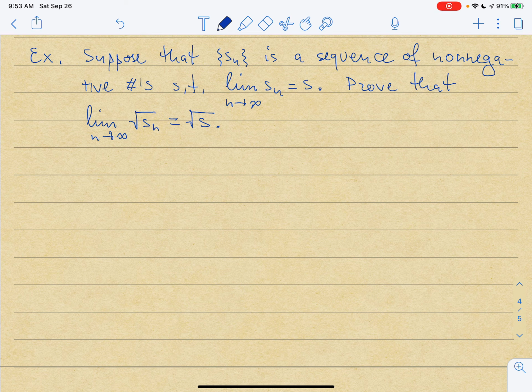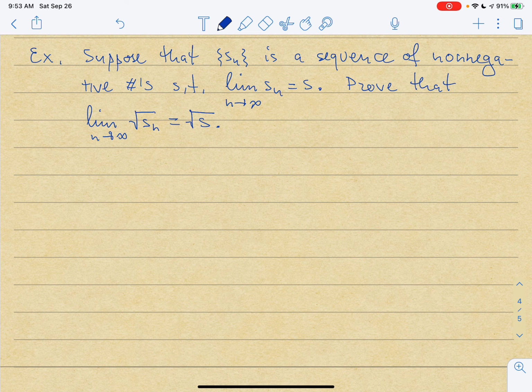In this case, I'm just given that Sn is some non-negative sequence which converges. So any capital N that I'm going to use in this case, I will not be able to determine explicitly, so I'll have to use other information to deduce that a capital N for a given epsilon would exist.